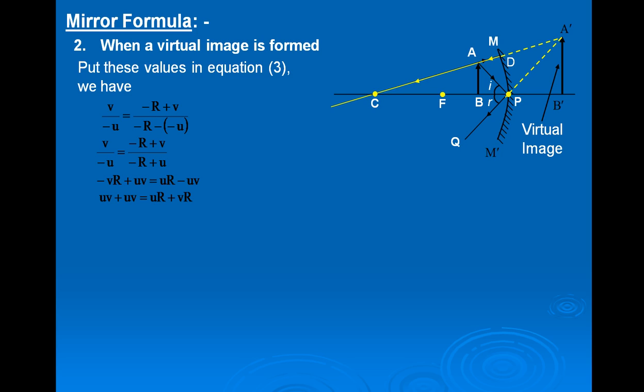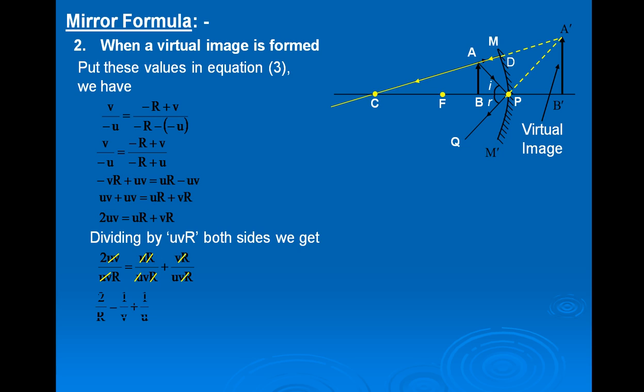So 2uv is equal to uR plus vR. Dividing by uvR on both sides, we get 2uv upon uvR is equal to uR upon uvR plus vR upon uvR. Now uv cancel each other on the left; on the right hand side, u cancels with u and R cancels with R in the first term, and vR cancels with vR in the second term.